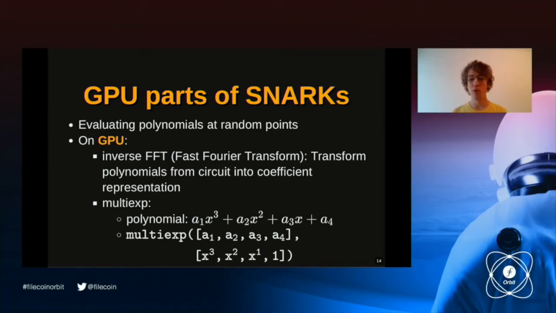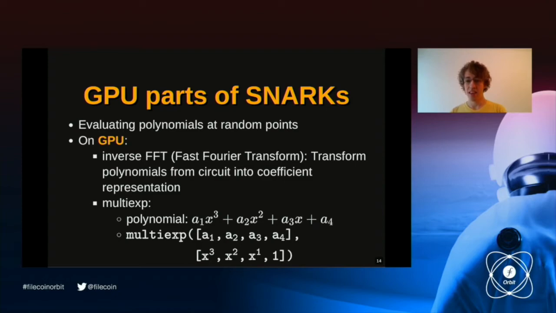We actually need to transform them into a coefficient representation, which is the one that you can see at the bottom, and which most people think about when they talk about polynomials. So we do this transformation first, and this is again an operation that is parallelizable, because you use a divide and conquer algorithm, and you recursively step through those things, and in the end you get the coefficients back, which are those a's in the polynomials.